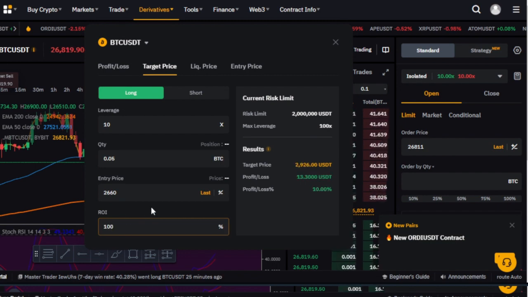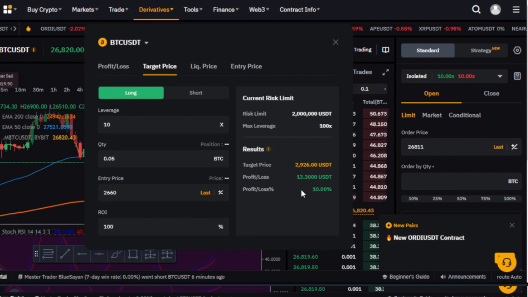If I put 100%, it will calculate and tell me the target price, which is what we are calculating here. The target price will be 29,260 USDT. Then my profit will be $13, and the profit in percentage will be 10%.